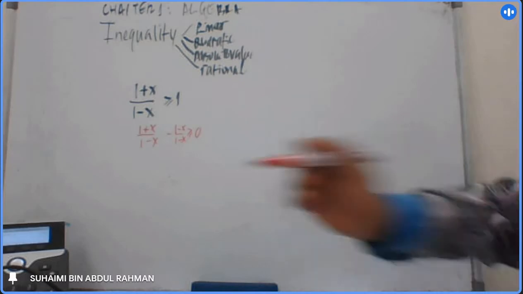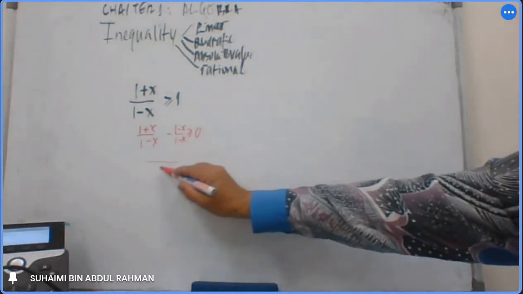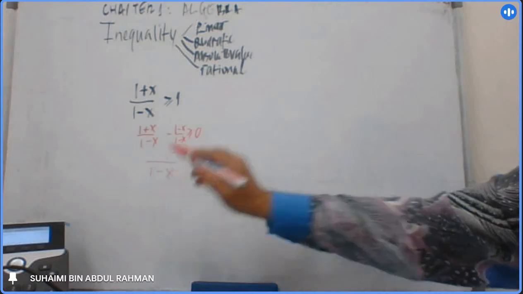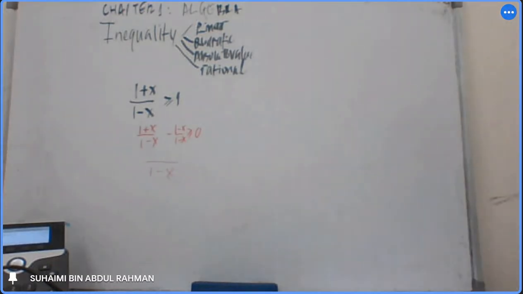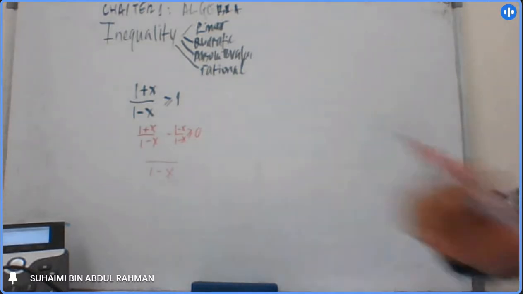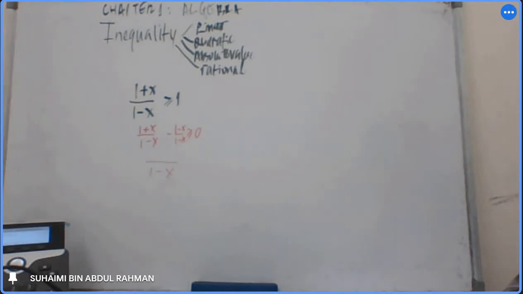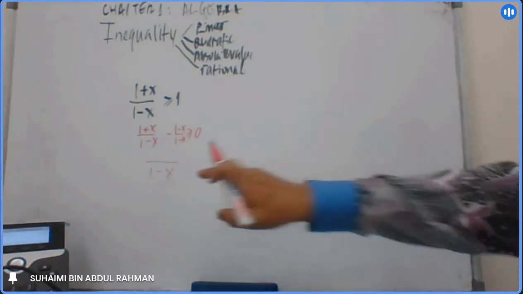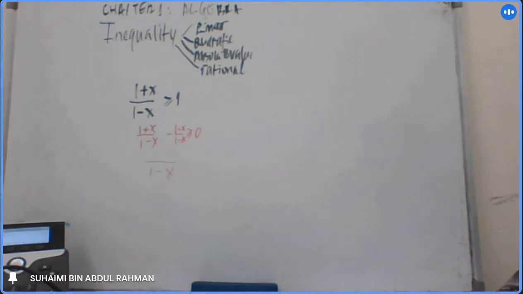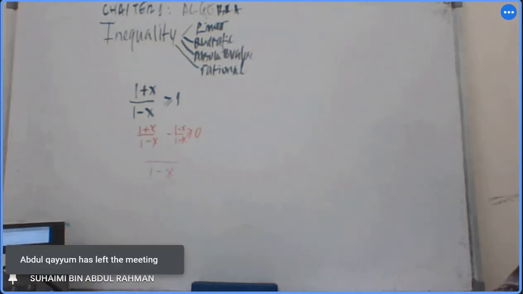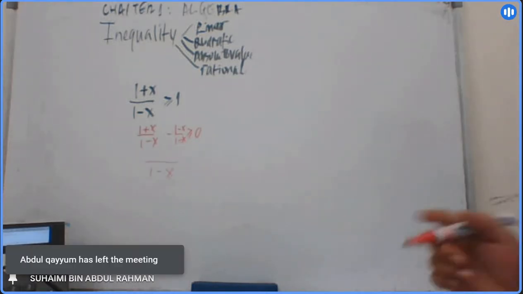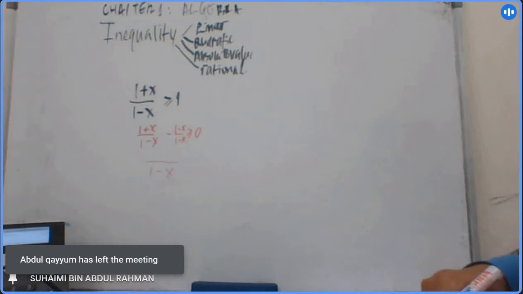Because we want the same denominator. The denominator now is 1 minus x. Without the same denominator, we cannot perform subtraction. So to perform subtraction, we need to change 1 into (1 minus x) over (1 minus x). In fact, it is 1.